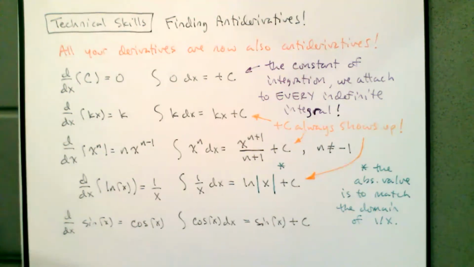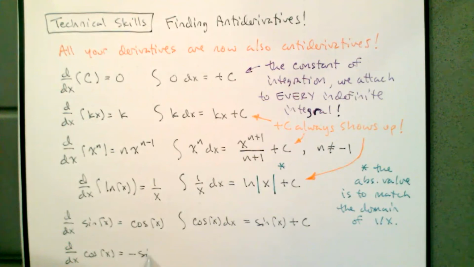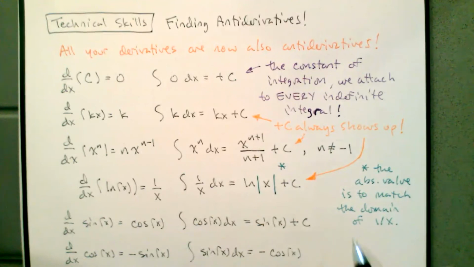The derivative of cosine x is -1 times sine x. So the integral of sine x dx is negative cosine x plus c.